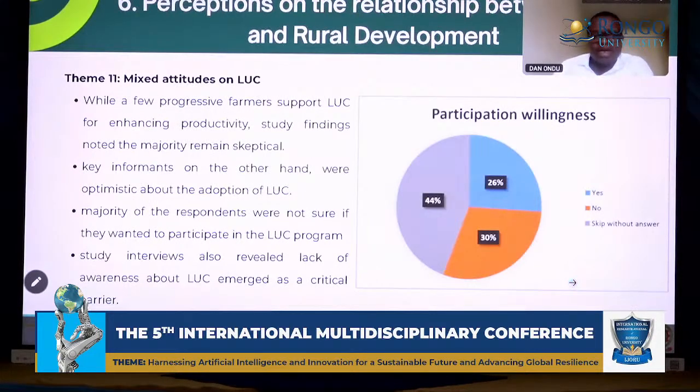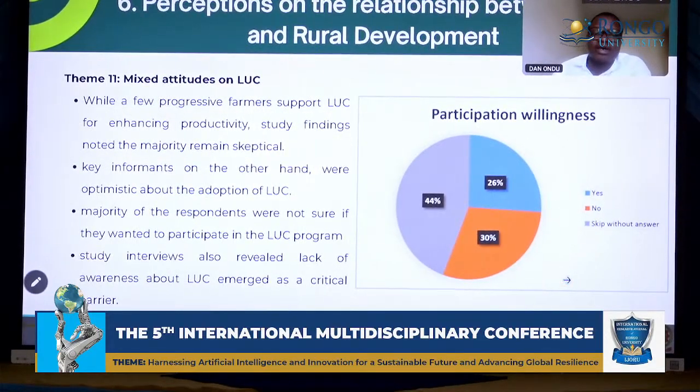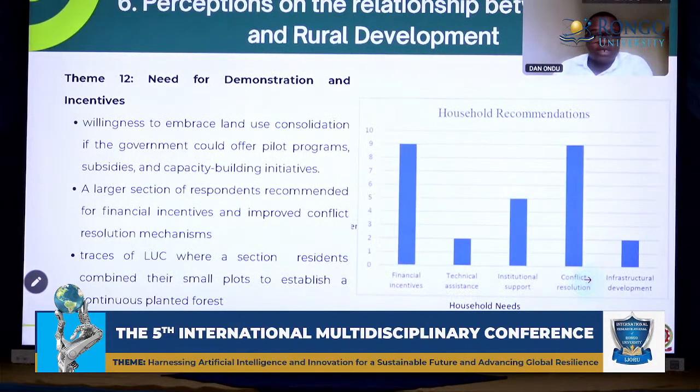Generally, the community showed mixed attitudes to land use consolidation, with 44% not sure whether they wanted to participate or not, and only 26% willing, and this was as a result of lack of information, among other fears in the community.